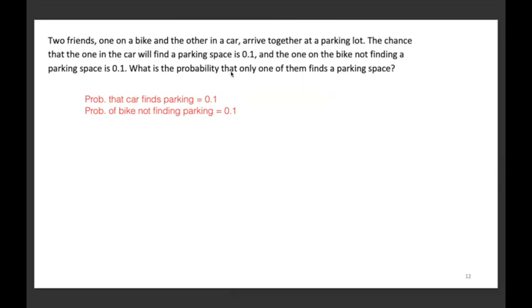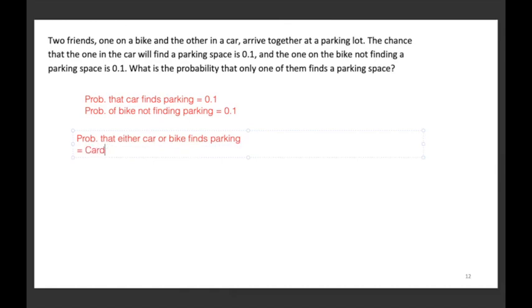What we have to find is the probability that one of them finds a parking space. So here, the probability that one of them, either car or bike, finds parking is equal to, there are two scenarios here.